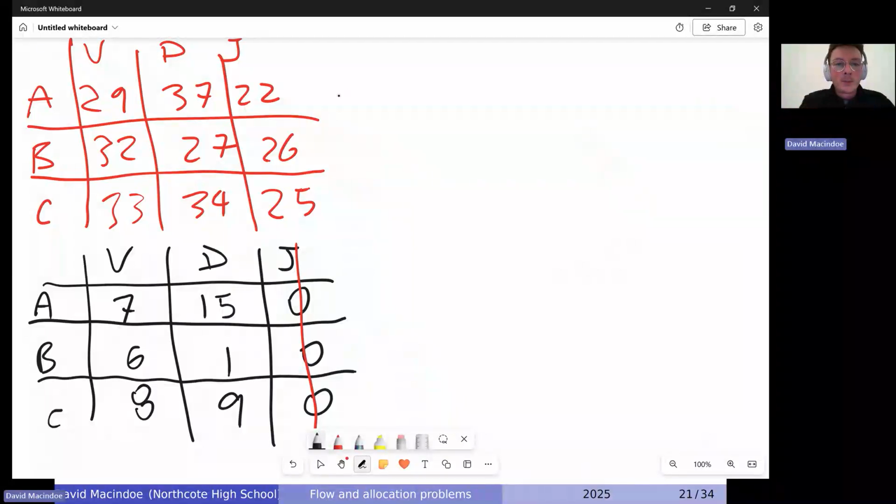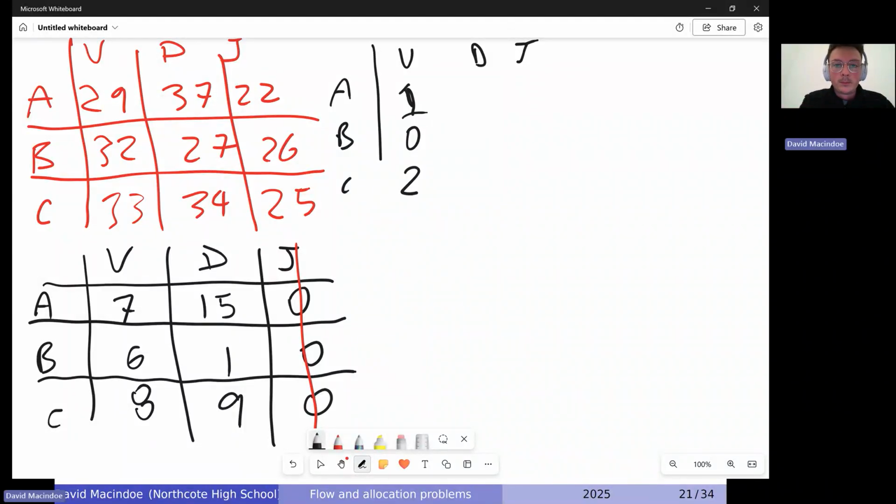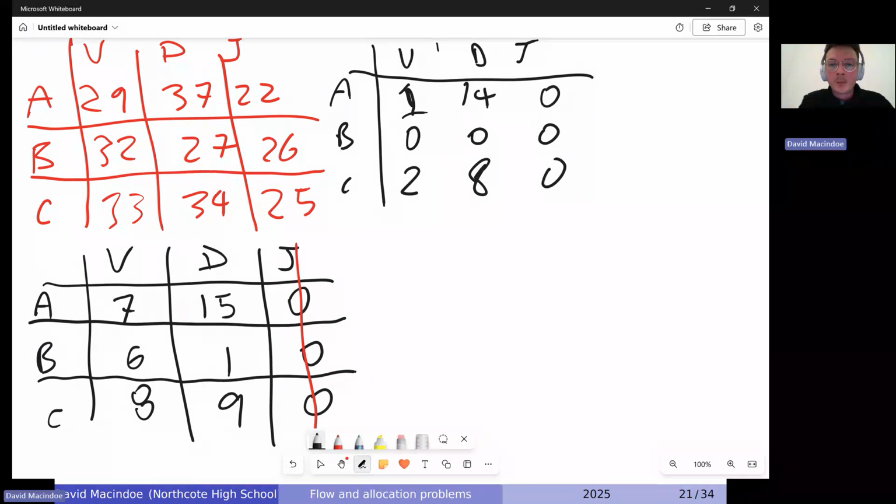So let me draw this again. 6 is the lowest value in that column, so this becomes 1, 0, and 2. We get 8 here, 0 here, and 14 here. And these don't get changed, they're just still zeros.